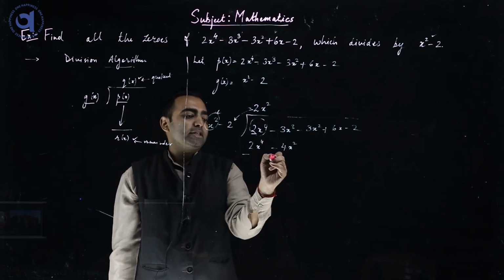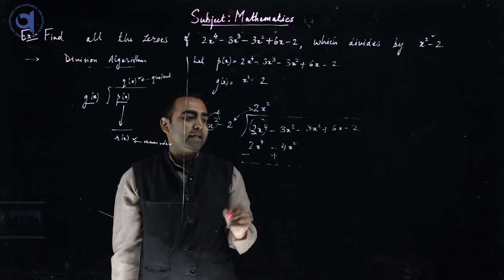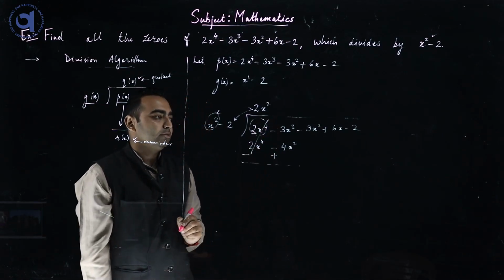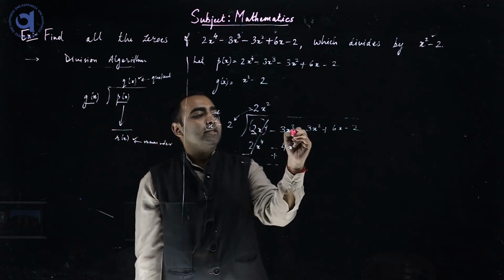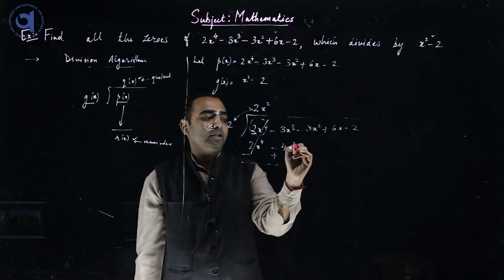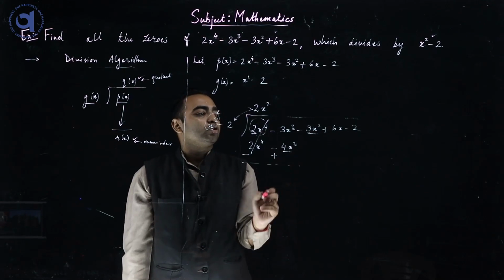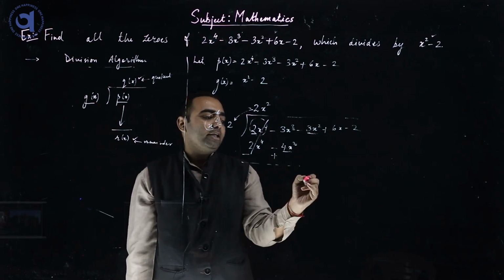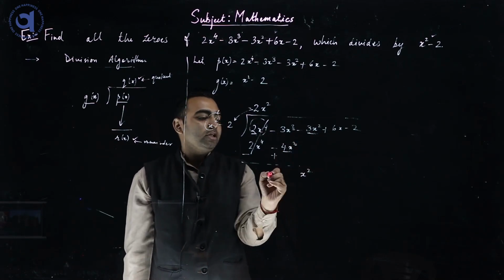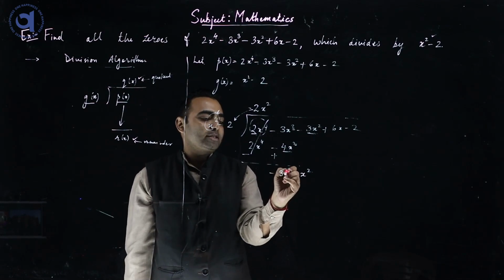Now we change the sign, so the 2x to the 4 will be cancelled, plus and minus. Now you can see the expression here has power 3 and here power 2, so this will be combined: minus 3x square plus 4x square will be x square, and minus 3x cube remains as it is. Understood?